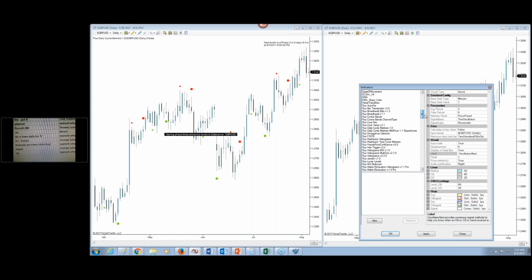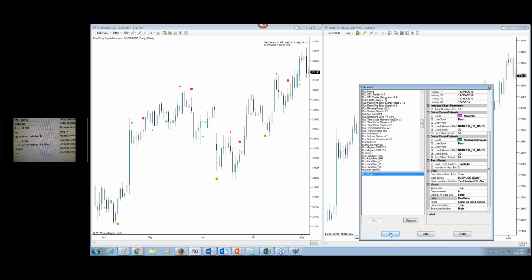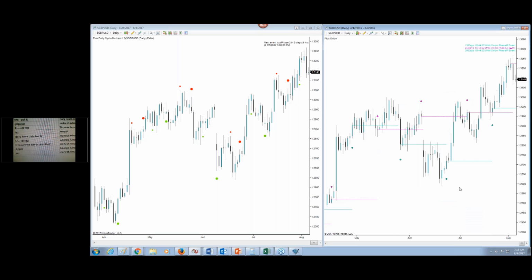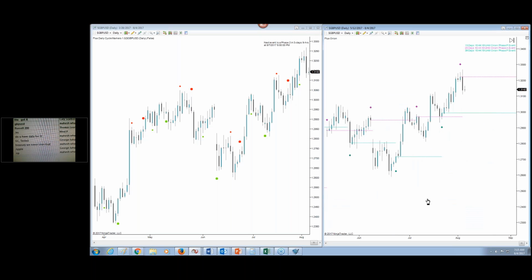Both of these track external energy sources. These are celestial indicators that are monitoring changes in the Earth's environment and subsequent changes in trading behavior as a result of that environment. The chart on the left is the FLUX Daily Cycle Marker indicator. The chart on the right is the FLUX Orion.